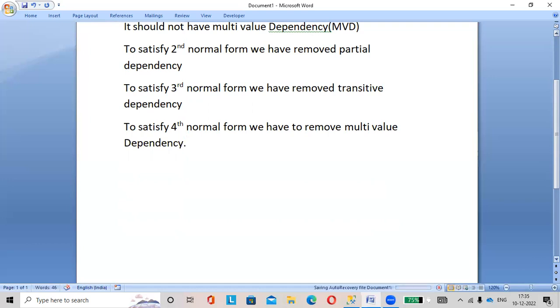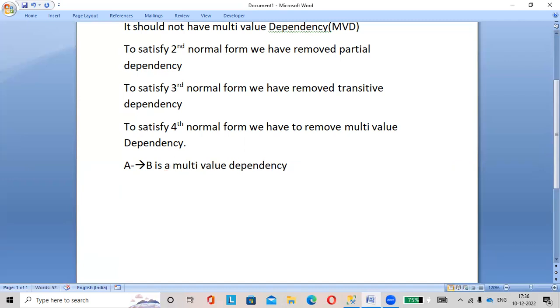What is the meaning of multi-value dependency? A implies B is a multi-value dependency.